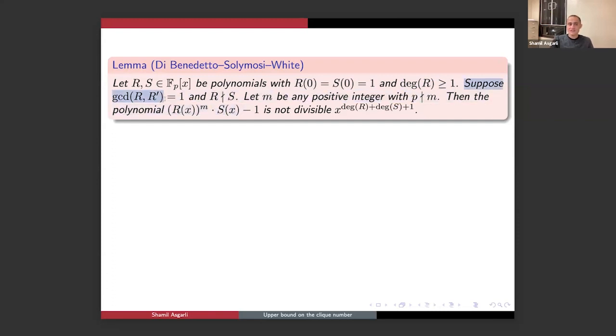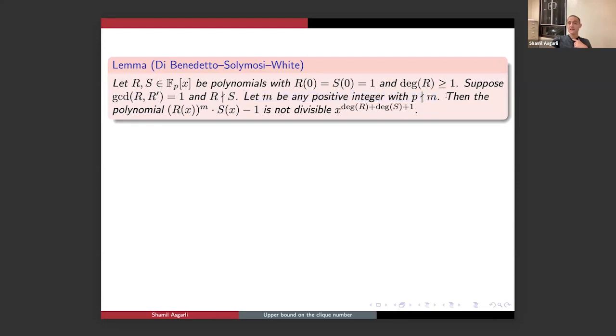And then we have the condition that the GCD of R and R prime is 1. So R and its derivative do not share any factors. And R doesn't divide S. Now let m be any positive integer such that p doesn't divide m.